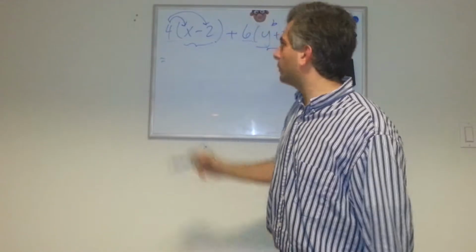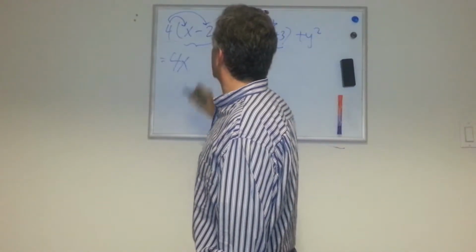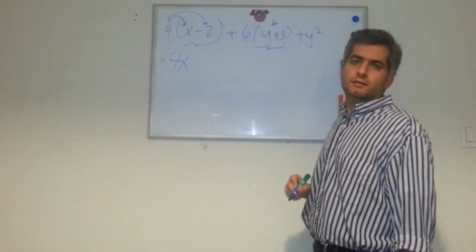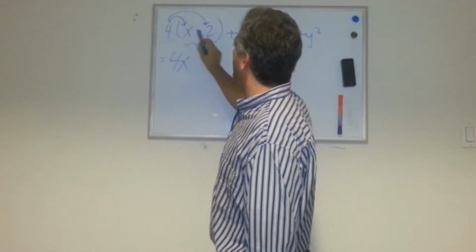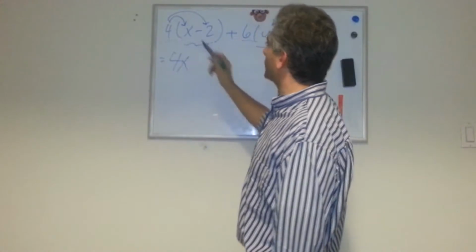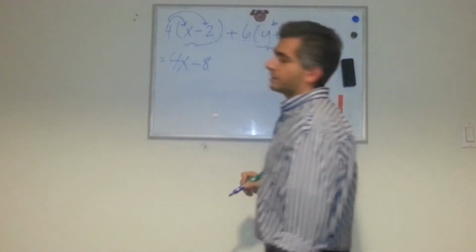You start off with the 4, and it multiplies with the x, giving 4x. Then you multiply the 4 with the minus 2. 4 times negative 2 gives you negative 8. And that's done.